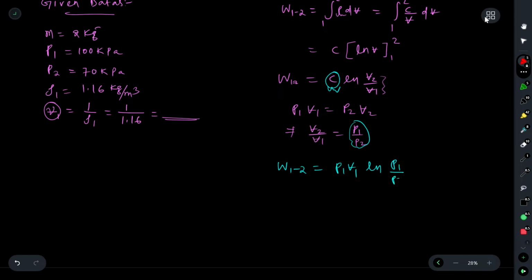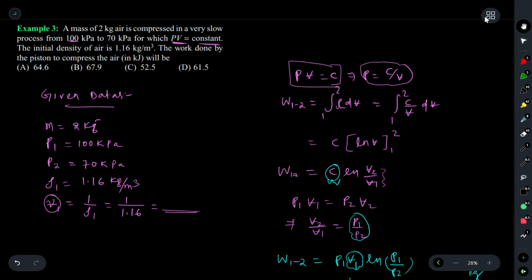So now all these values are given to us, and we have to find the values in terms of kilojoule, right? Whatever answer we get from here will be in terms of kilojoule per kg, because we have taken a specific volume, isn't it? So to get the answer in kilojoule, we have to multiply by the mass, which is given to us as 2 kg, right?